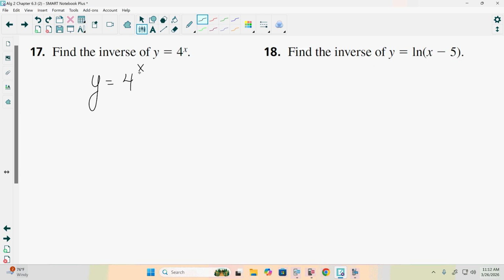Y equals 4 to the x. So the first thing we're going to want to do is what? Switch the x and the y. And when we do that, we get x is equal to 4 to the y.